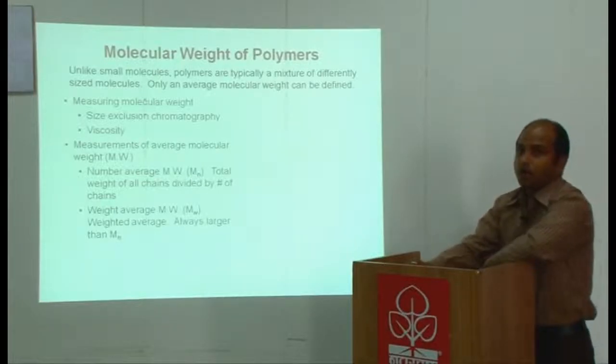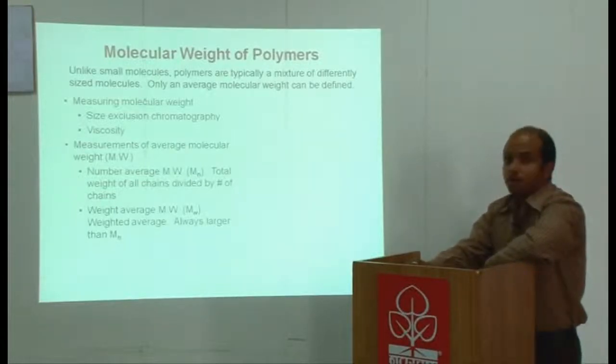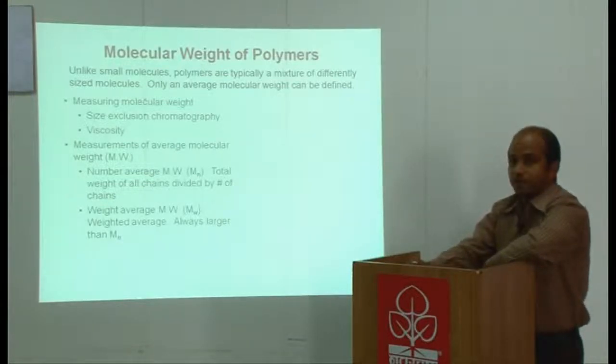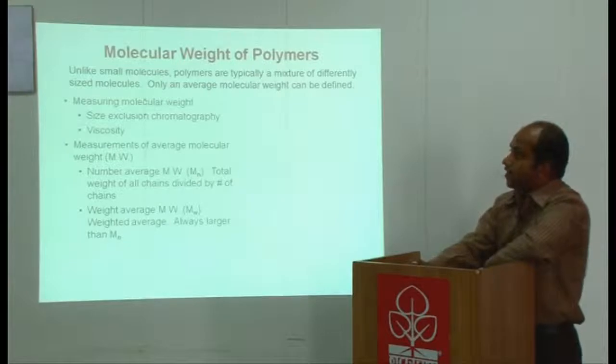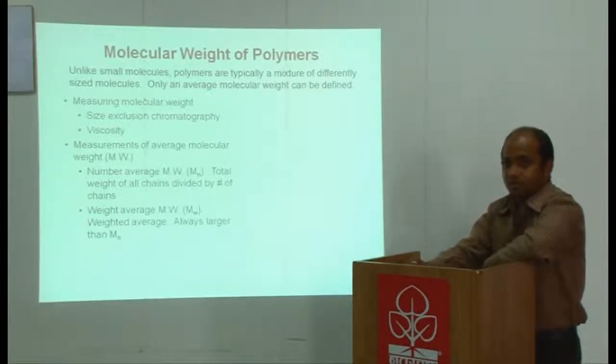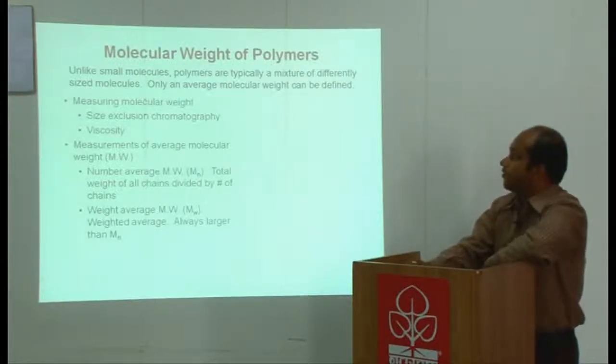For example, a compound like benzoic acid, or a low molecular weight compound, say oxalic acid, along with the water of crystallization, the molecular weight is known, 126 grams per mole. Whereas in case of polymers, you cannot have a fixed molecular weight. So in case of polymers, molecular weight is always mentioned in terms of average molecular weight.